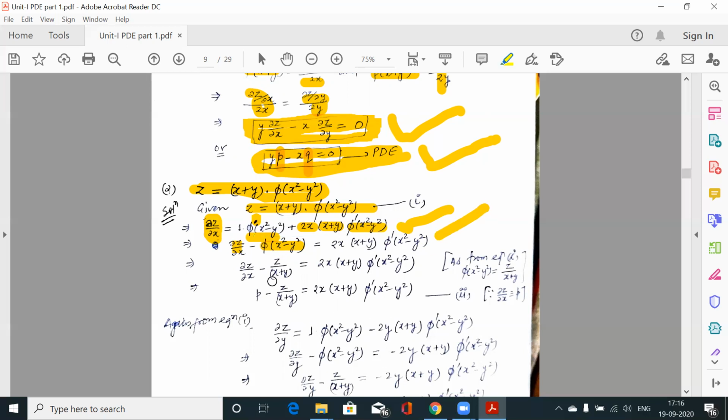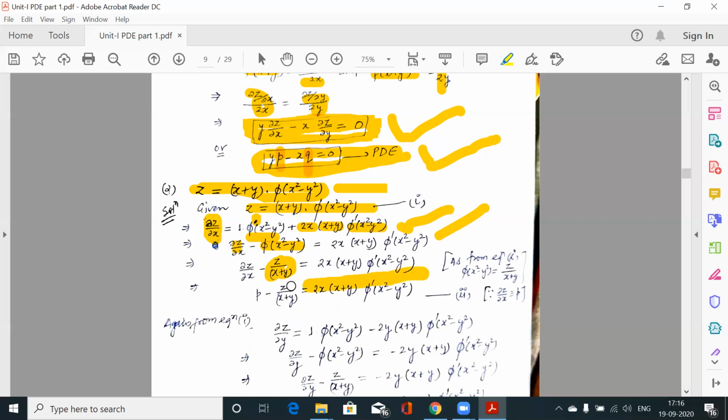Next, because we know the value of phi from the given equation, and our purpose is to eliminate phi, we are trying to eliminate it whenever it is possible. From the given equation, phi is equal to z by x plus y. So we have substituted this value z over x plus y in place of phi from the given equation.